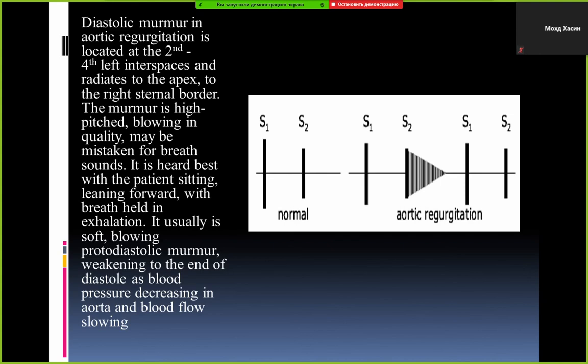The murmur is high-pitched, blowing in quality, and may be mistaken for breath sounds. Once again, it is better heard with the patient sitting, leaning forward, with breath held in exhalation. It is usually a soft, blowing, protodiastolic murmur, weakening toward the end of diastole as blood pressure decreases in the aorta and blood flow slows.